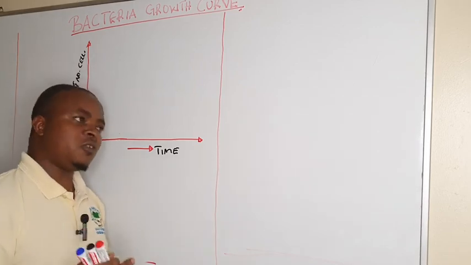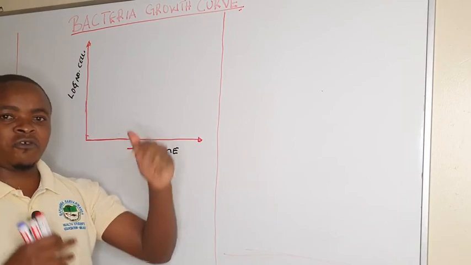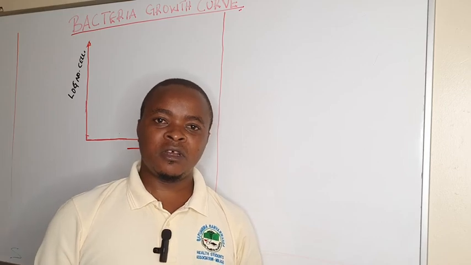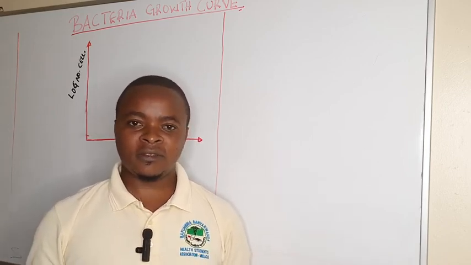So with the bacterial growth curve, you want to see the phases through which the bacteria pass before it grows and then it dies.